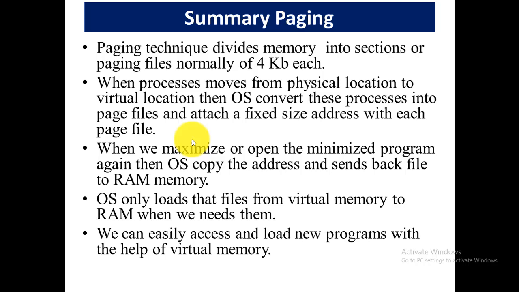So we can easily access and load new programs with the help of virtual memory, and in paging there is no wastage of memory, but at the same time there is a lot of paging activity between the physical memory and the logical memory, which slows down the system and affects the speed.